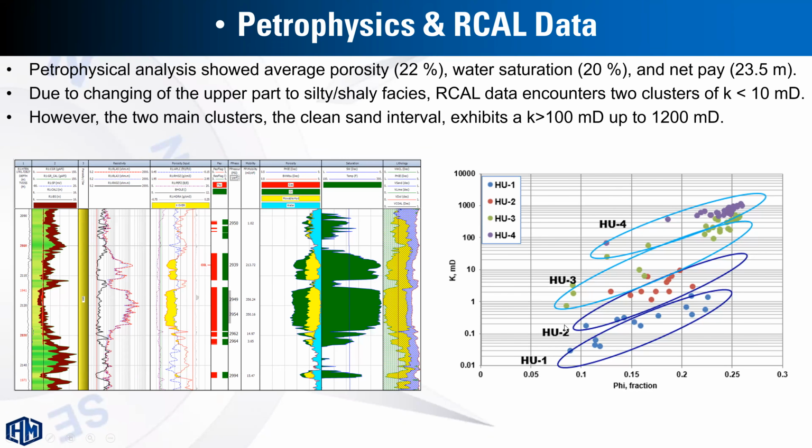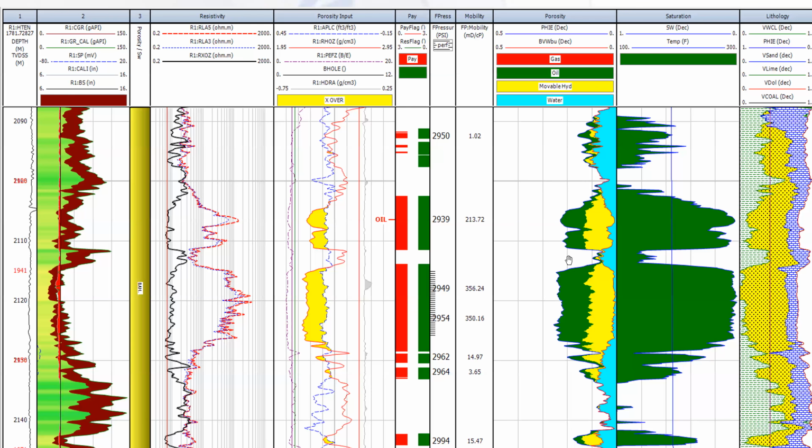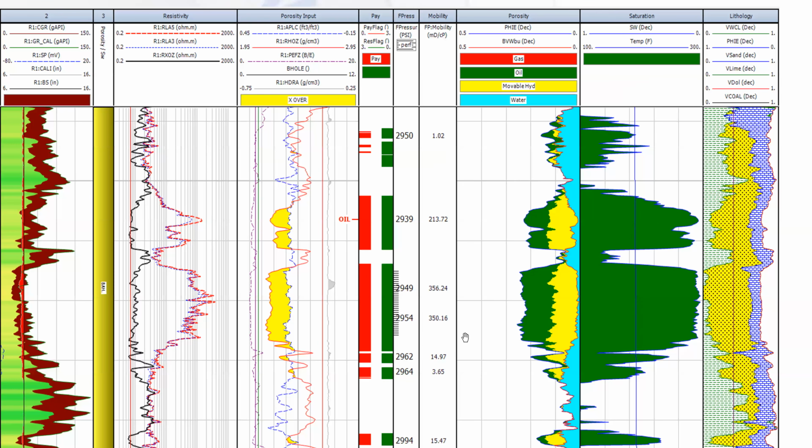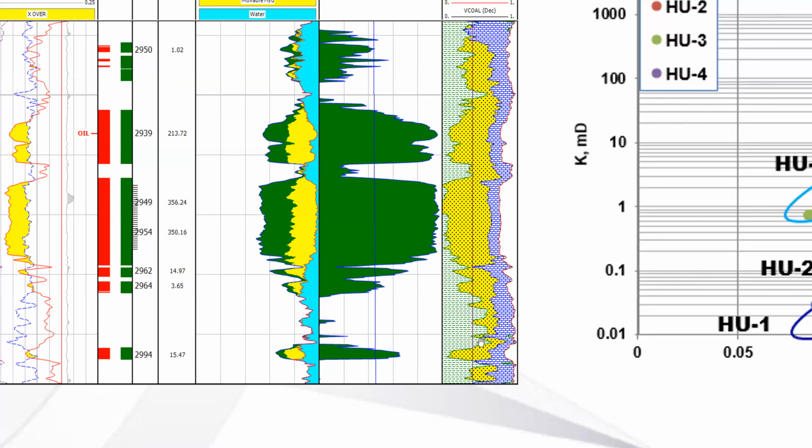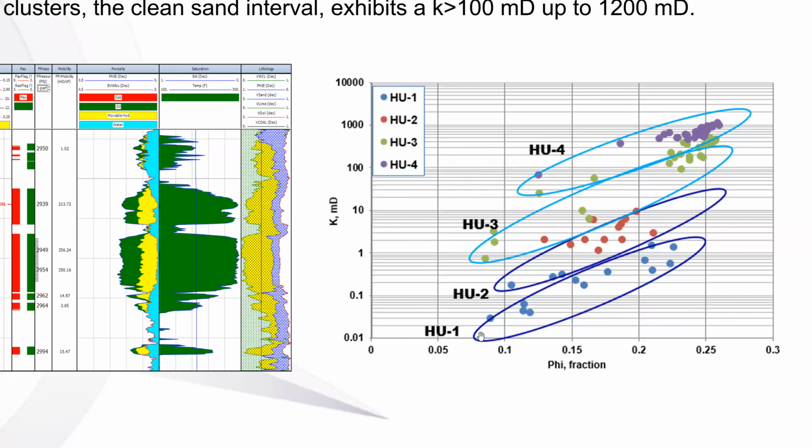But for hydraulic units 1 and 2, we have this silty part in between, defined by high gamma ray and low resistivity, and also this reduced neutron porosity, as right here. This is related to hydraulic unit number 1 and number 2.